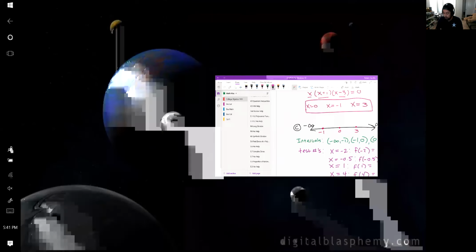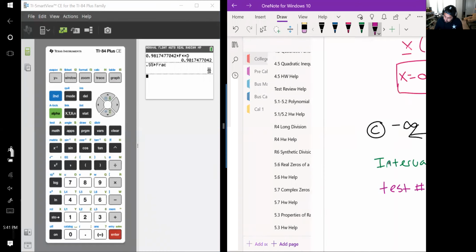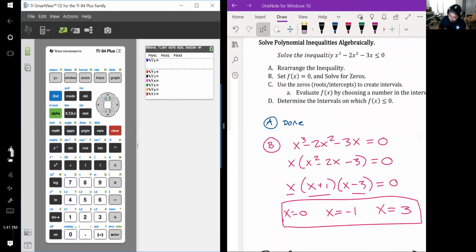Oh, look who I brought today: my calculator. Let's just go with the graphing. Let me find the function: x cubed minus 2x squared minus 3x.